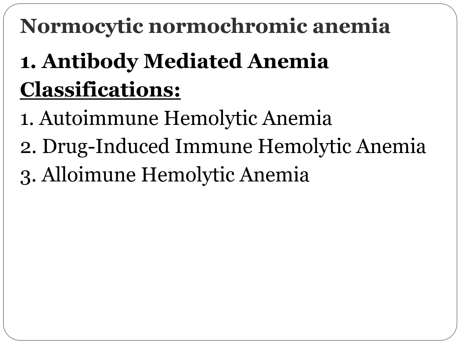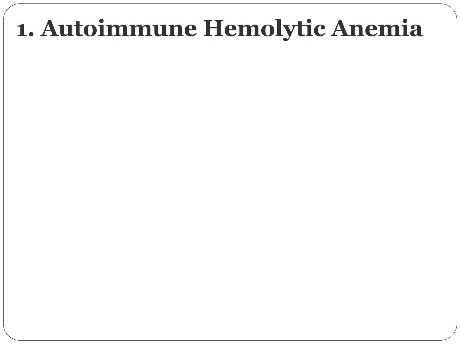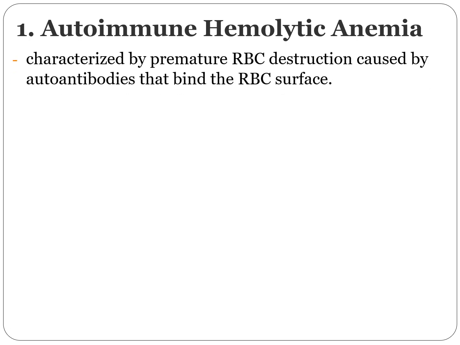Antibody-mediated anemia, we have three classifications. This includes the autoimmune hemolytic anemia, or AIHA, drug-induced immune hemolytic anemia, and we have also the alloimmune hemolytic anemia. For the autoimmune hemolytic anemia, this is characterized by premature RBC destruction caused by autoantibodies that bind to the red blood cell surface.